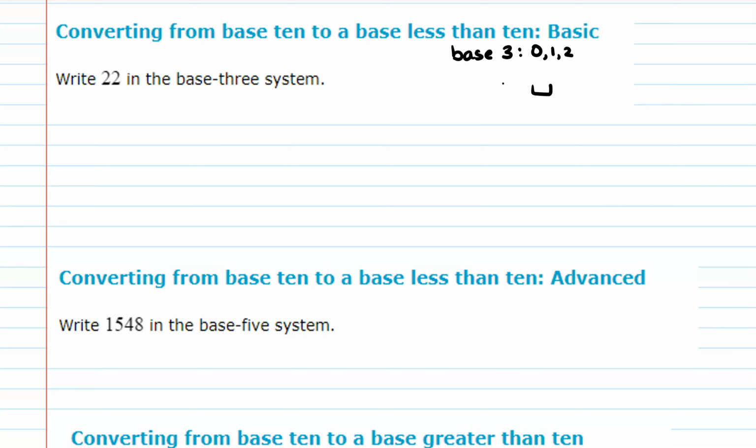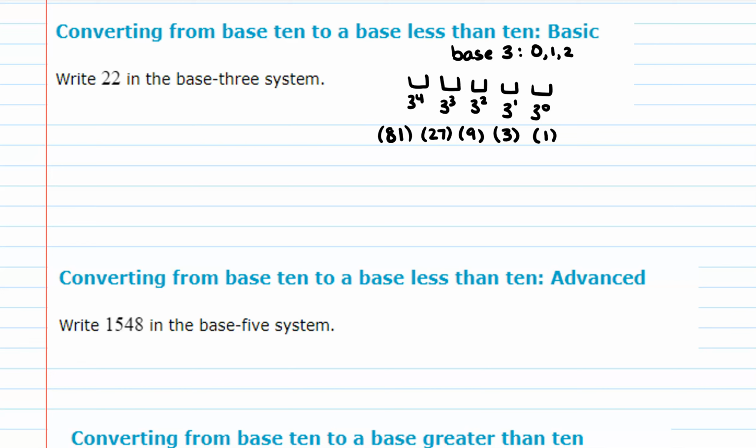And the place values, starting from the right, are 3 to the 0, that's 1. 3 to the first is 3. 3 squared is 9. 3 cubed is 27. 3 to the fourth is 81. And we could keep going.